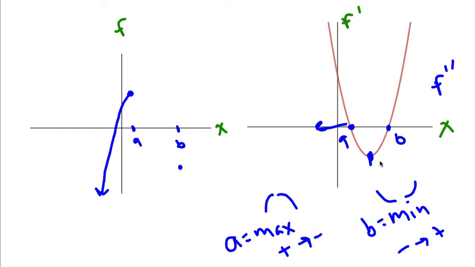So this value right here is where our graph would change from being concave down to concave up. Let me redo that because that looks terrible. That's where our graph would change from being concave down to concave up, or vice versa, concave up to concave down.